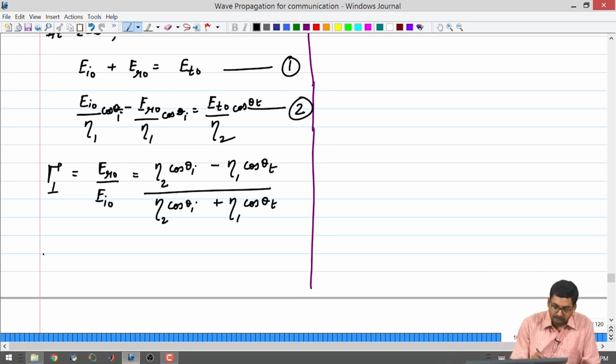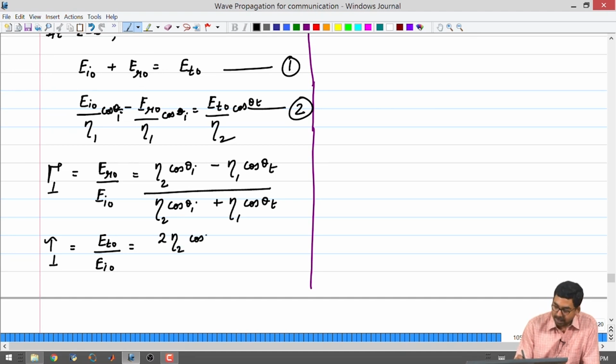Now, once you have calculated this, you can also calculate what the transmission coefficient tau will look like, and that is ET naught divided by EI naught. From the 2 equations, that is going to look like 2 eta 2 cos theta I divided by eta 2 cos theta I plus eta 1 cos theta t.